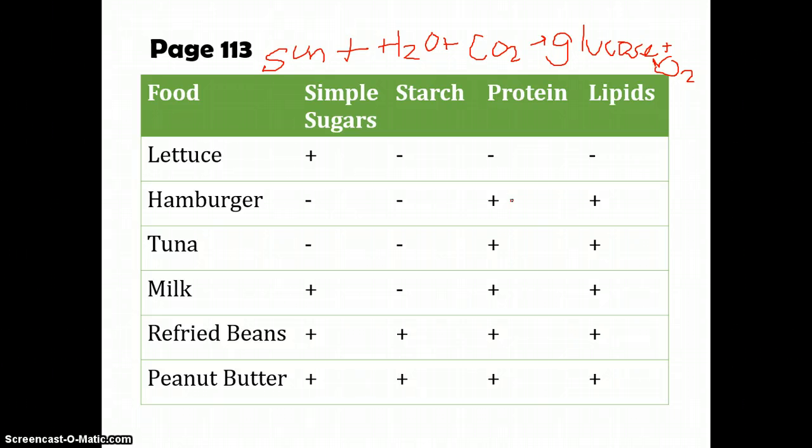And finally, the last question on activity 2 is that the hamburger and tuna tested negative for starch, and you can see that here. Explain why foods of this type would not contain starch. So we learned in last week's lab that starch is made up of tons of glucose.